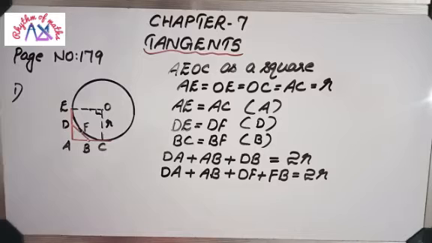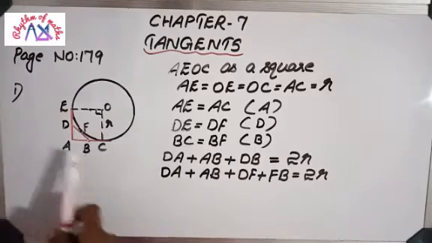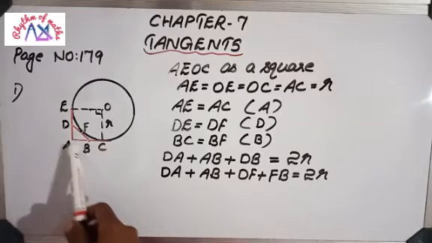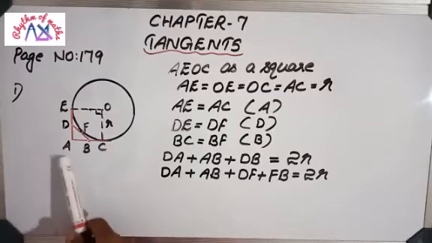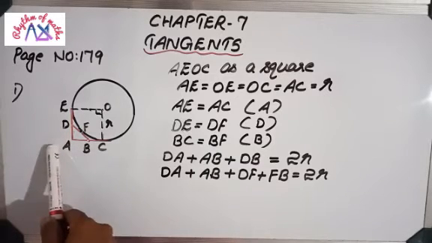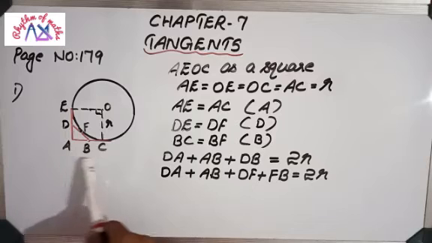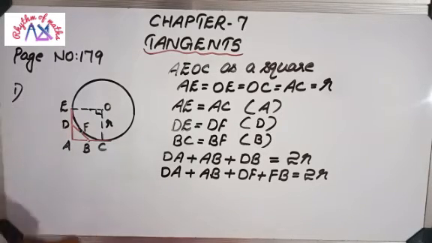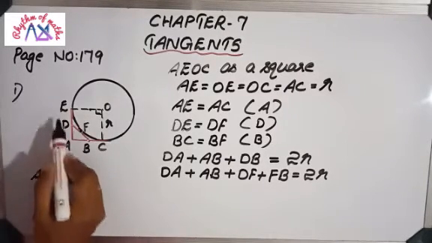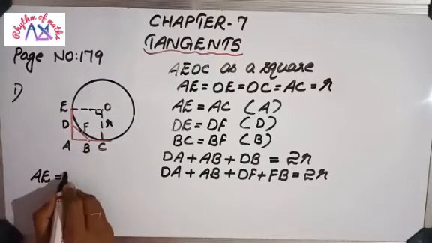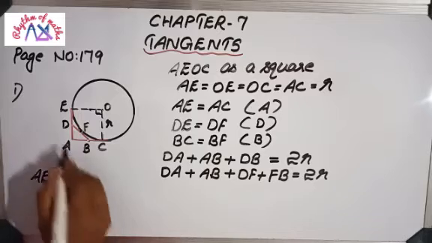For that, first of all, let's consider these two mutually perpendicular sides, because DA and AB are parts of these perpendicular tangents. DA is a part of the first perpendicular tangent, that is AE. AB is a part of the tangent AC. So first of all, let's consider AE. Here AE can be split into two parts, DA plus DE.